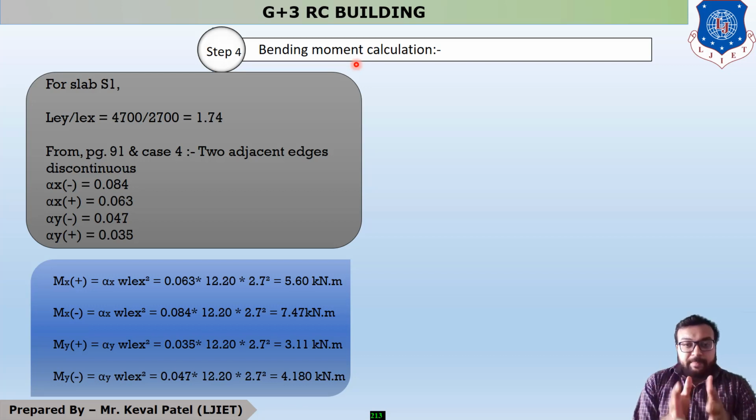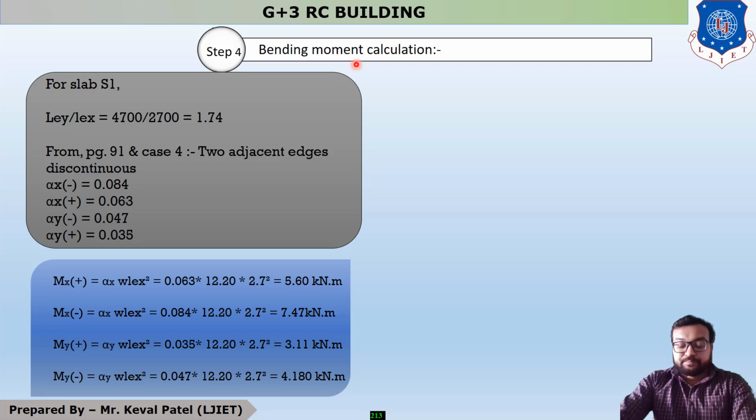It depends on the types of slab, because it is already discussed in the last lecture that in the two-way slab there are 9 different cases. Okay, so for slab number S1, which case is possible in this example? For that, we have to first find the bending moment coefficients, and after that we have to find the bending moments.